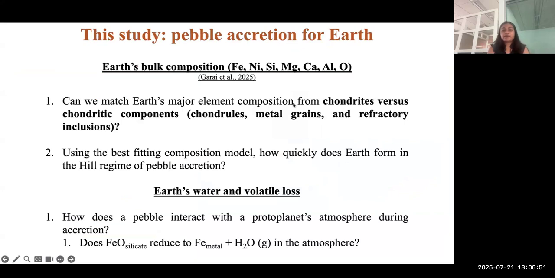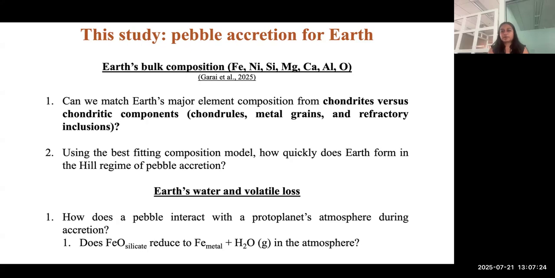I focus on Earth's bulk composition, and whether I can make Earth's bulk composition via pebble accretion. So I will try to tie two things together, composition and pebble accretion. The first question I want to ask about Earth is whether we can make Earth's major element composition, comprising iron, nickel, and the other major elements, and Earth's mass, from known solar system materials.